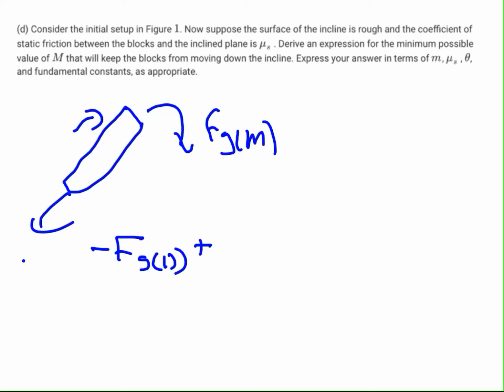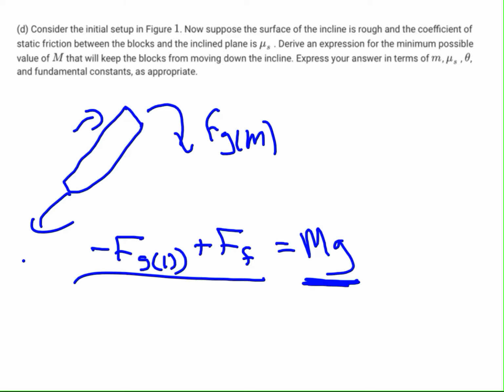Now, friction, weirdly enough, because they're trying to slide down the hill, is up the hill, so I'm going to make that positive. And this guy, no, I was right the first time. We're setting it equal to mg. So we're looking for the situation where the force of gravity pulling downwards on this guy has to be exactly equal to the combination of those two forces.